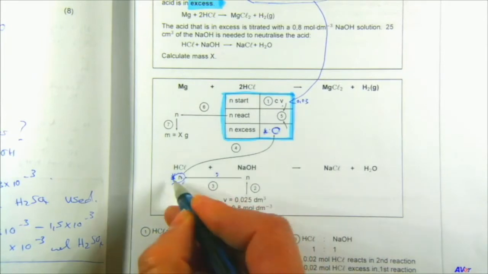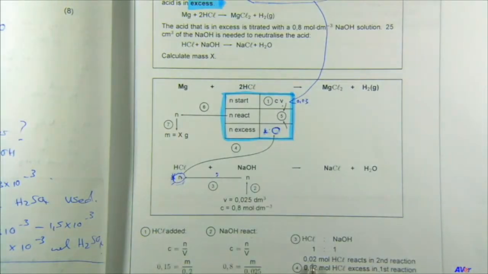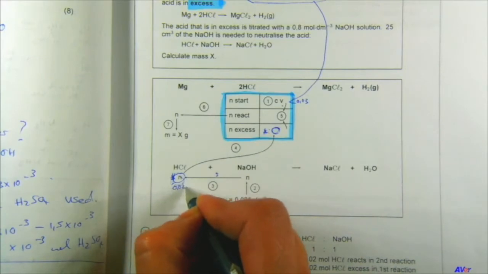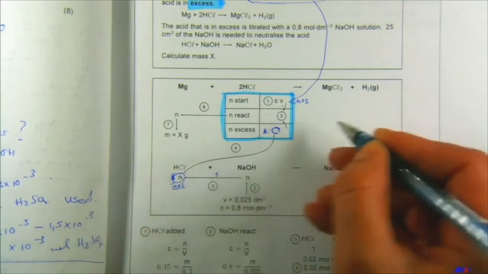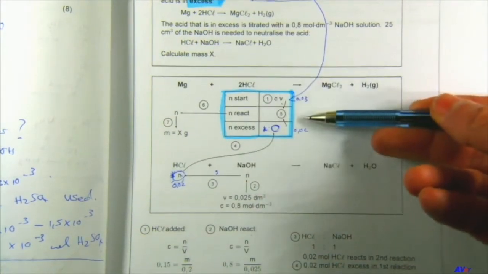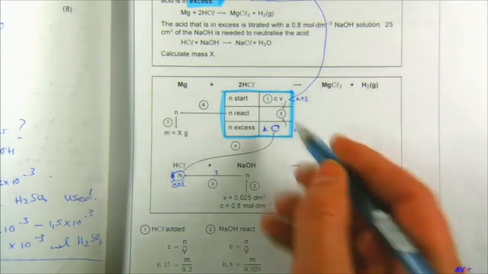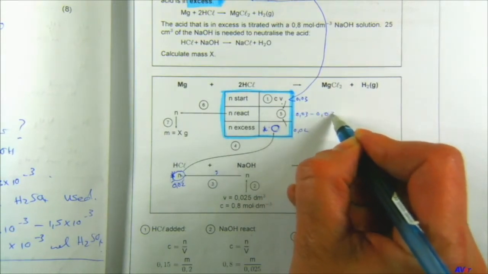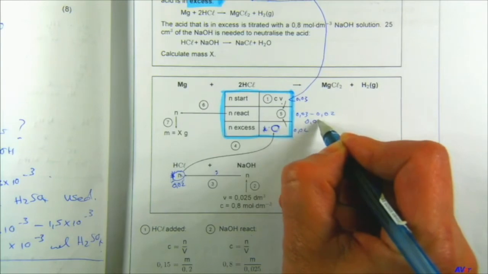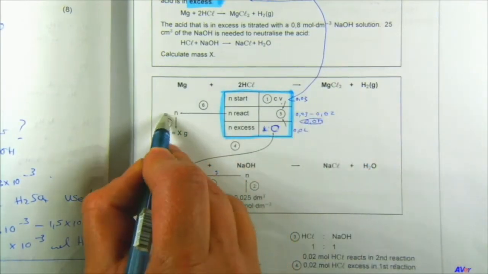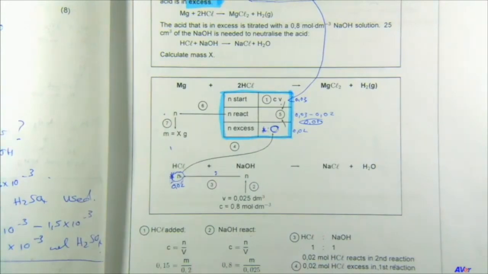You do this and you find out in the second reaction you had 0.02 of the HCl, so there was 0.02 left over. So how much reacted? Subtract 0.02, 0.01. That's what reacted. So it will tell you how much of this reacted, which would give you the mass.